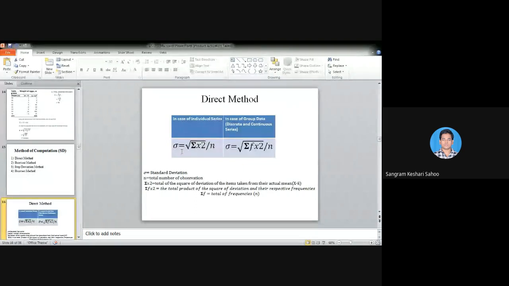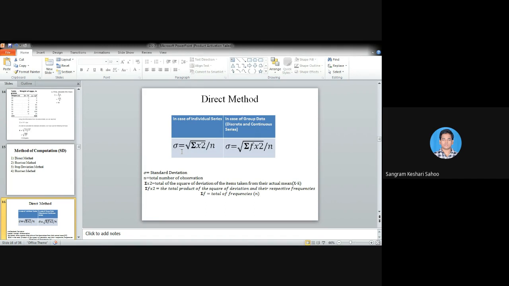And in case of grouped data, that is a discrete or continuous series, sigma equals the square root of sum of fx square divided by n. Here sigma stands for standard deviation, n stands for the total number of observations, and the summation of x square is the total of the squares of deviations of items taken from their actual mean, x minus x bar.